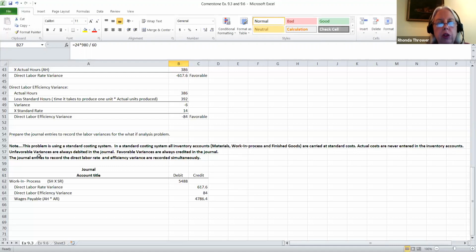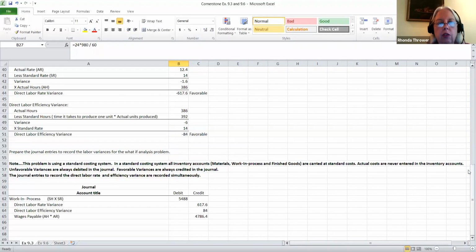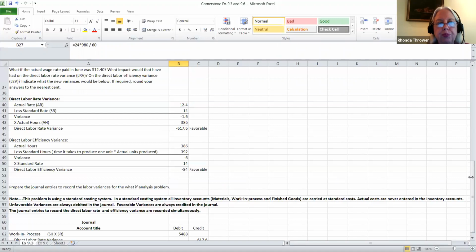If you come up with an unfavorable variance, it's going to be debited in the journal. If there is a favorable variance, it will be credited in the journal. We're going to be doing the journal entry based on the what if analysis, which was the last analysis that we completed. And that's this analysis right here.